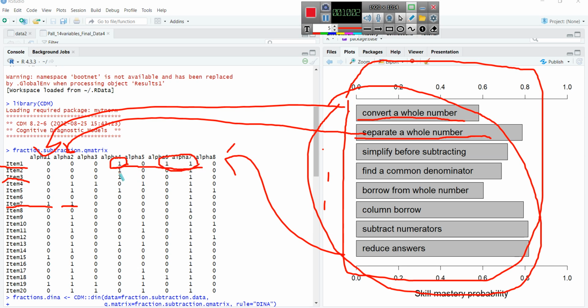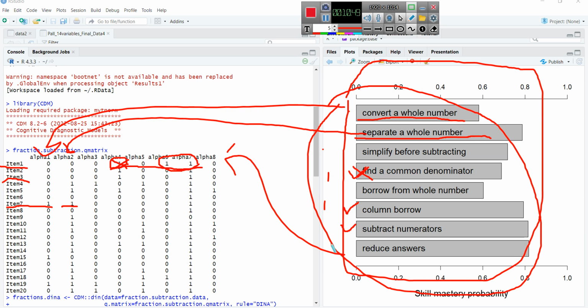For example, if the student doesn't master the fourth skill, but he or she has mastered skills 6 and 7, she or he still has the chance to answer the test item correctly.